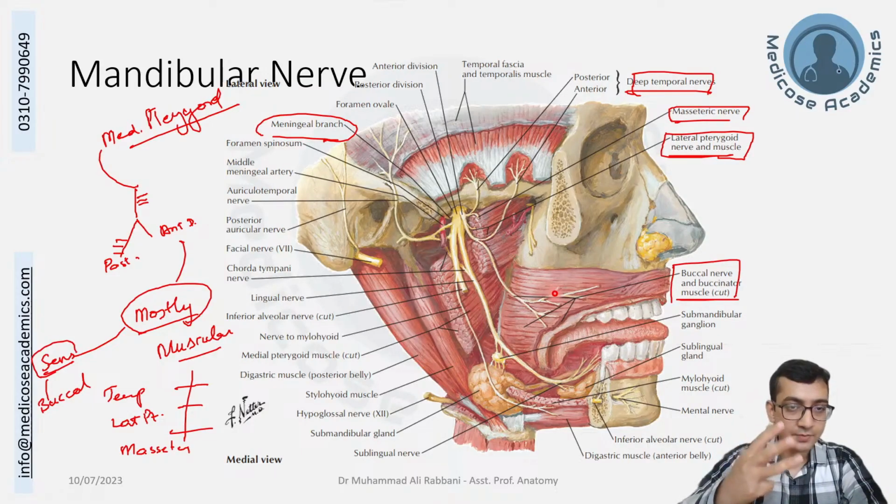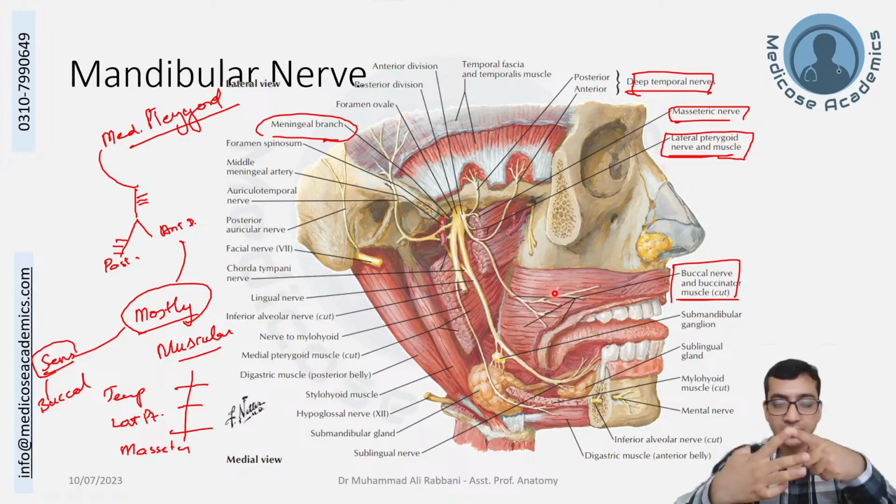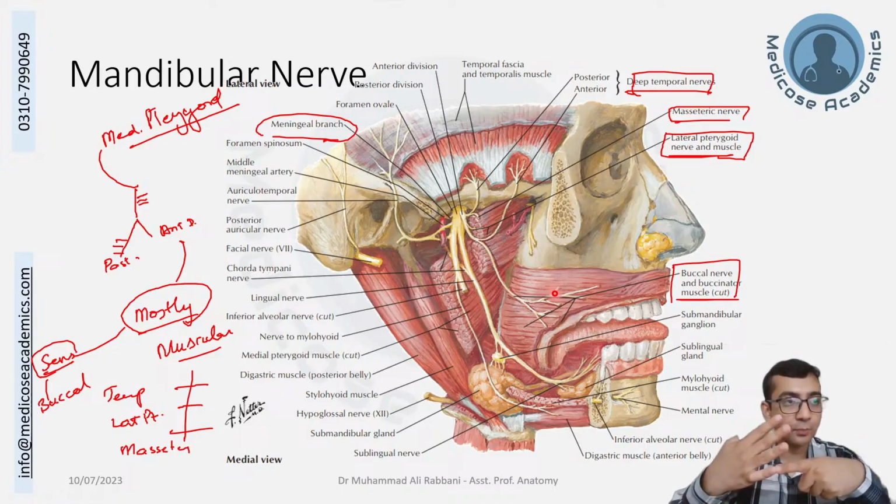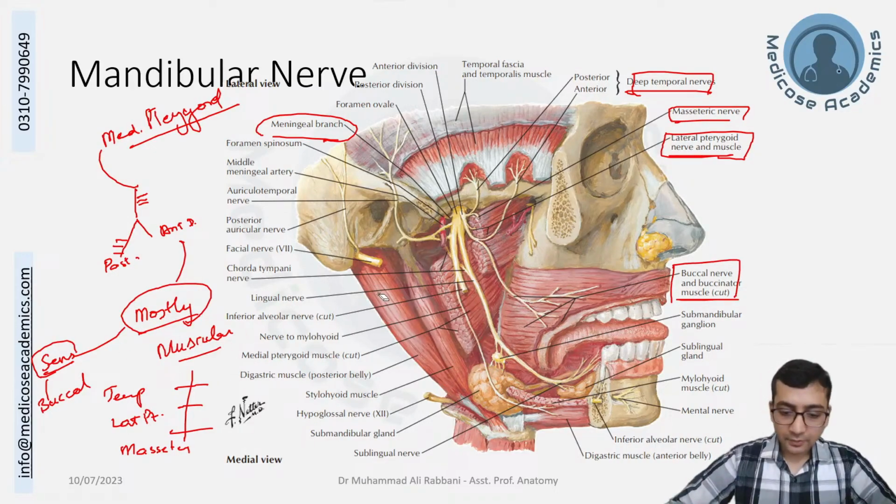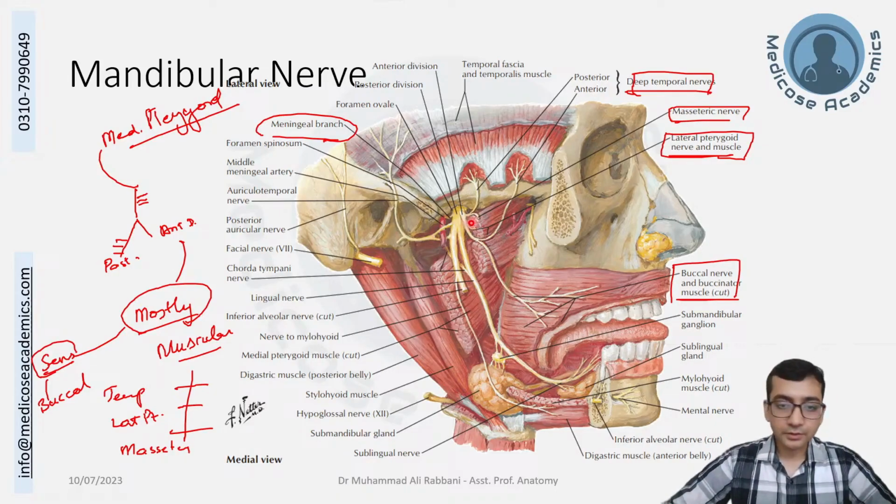So there are four branches we discussed. One of them was sensory, three of them were motor. These were a pair of temporal nerves, the masseter, the lateral pterygoid, and the sensory one was the buccal nerve. Okay, there are variations. Sometimes the two temporal nerves arise independently. Sometimes the second temporal nerve arises as a part of the buccal nerve.